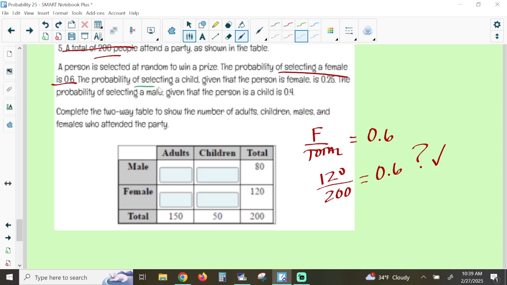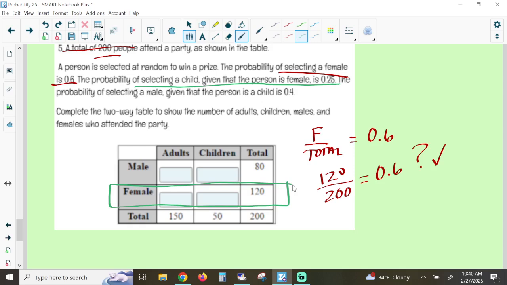The probability of selecting a child, given that the person is female, is 0.25. The probability of selecting a child, given that they're female. So who am I talking about? I'm talking about females right here. I'm talking about the probability of the child out of females. Do I know the child?